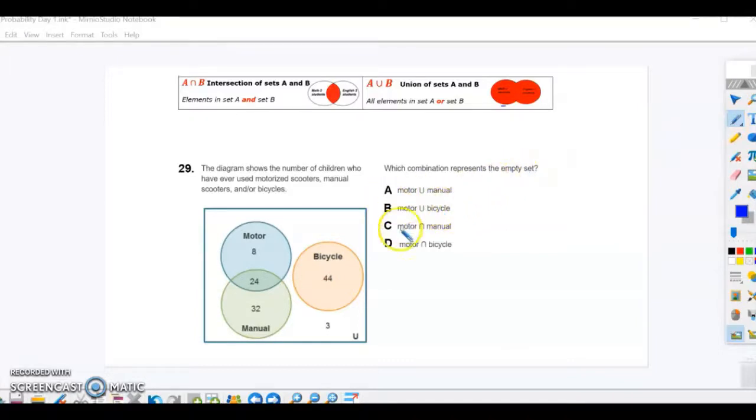How many people have ever used a motorbike and a bicycle? We have this many who have used a motorbike and this many who have used a bicycle, but these don't overlap, so there is no intersection between a motorbike and bicycle.